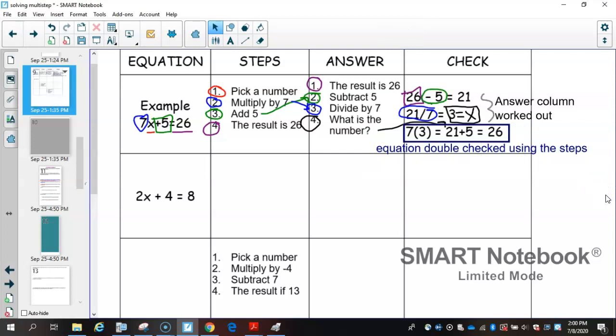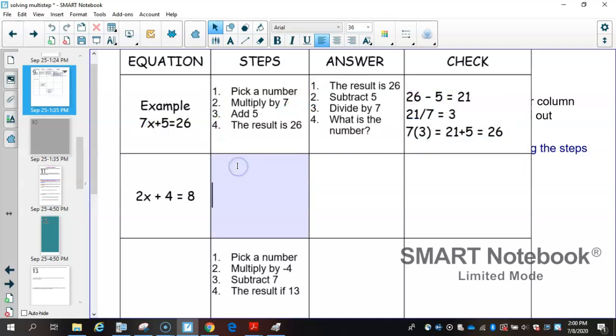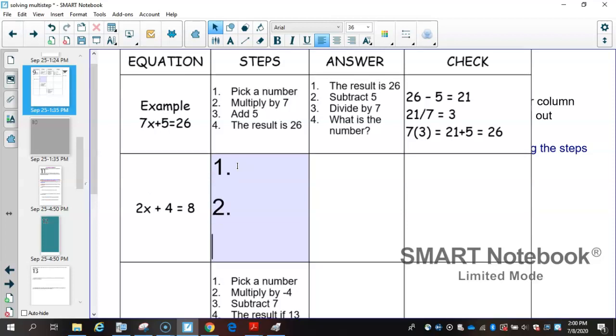Okay, so that's just to kind of give you what's happening. I have to change the size of this. Sorry.